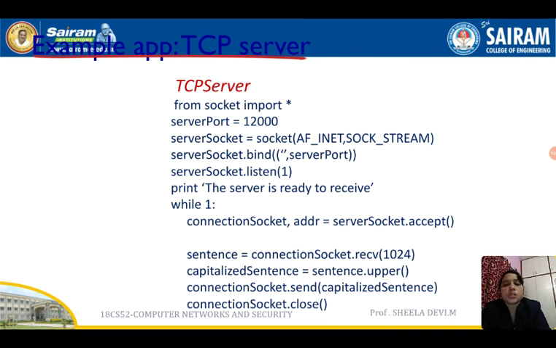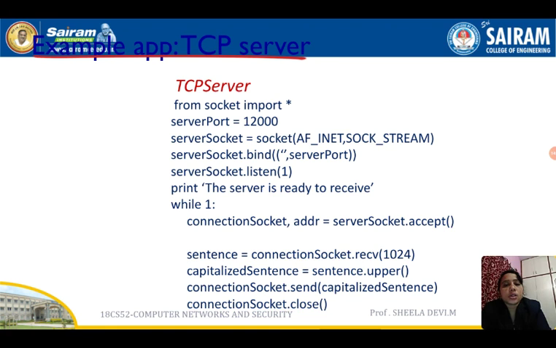Okay, so server socket dot listen is listening for any client request and it prints "The server is ready to receive". While 1, if any client request is found, then what happens? It creates the connection socket. Initially it has created only the server socket to welcome the client. Now it is creating the connection socket to transfer the data or to communicate with that particular client only, once the connection socket is established between that particular client and the server.